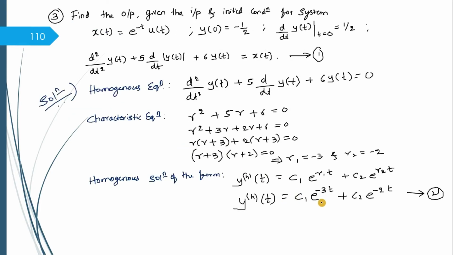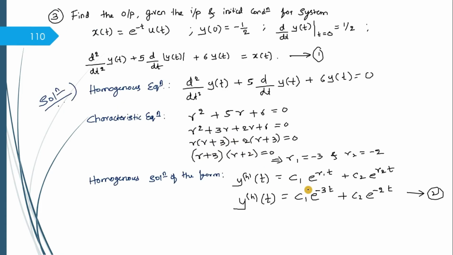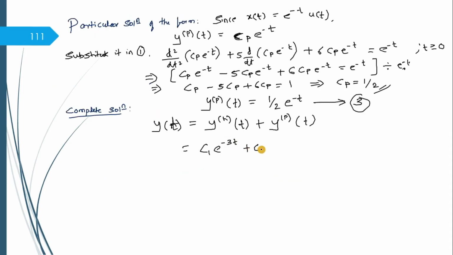From equation 2, I have c1 e raised to minus 3t plus c2 e raised to minus 2t, plus the particular solution, 1 by 2 e raised to minus t. So this is the general form of your complete solution. I call it equation 4. Up till now, we have not yet applied the initial conditions.